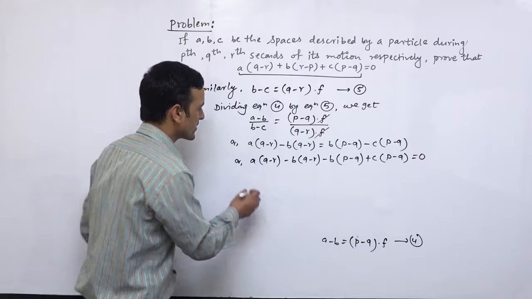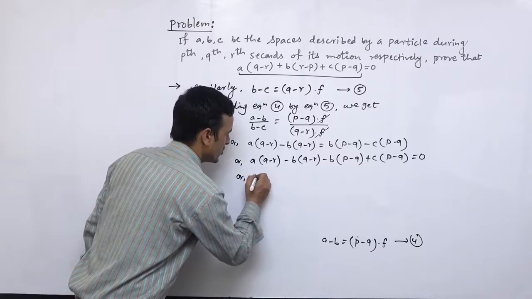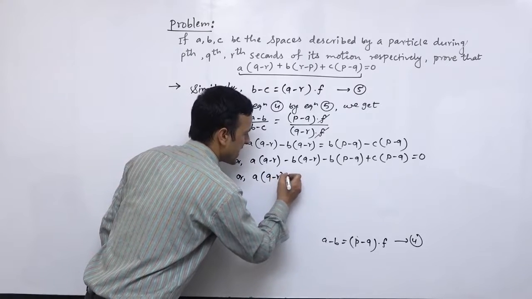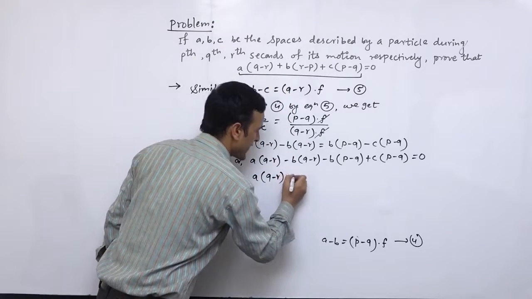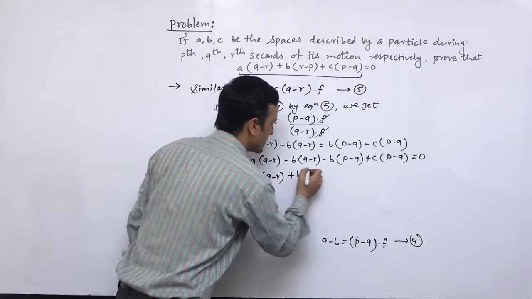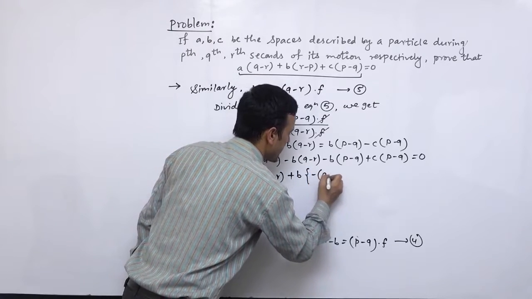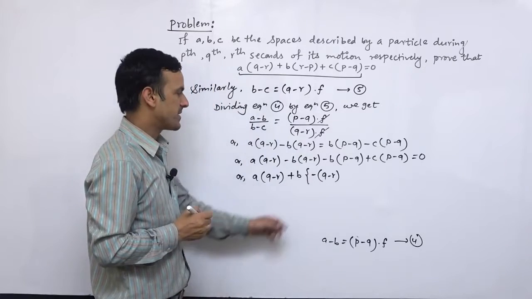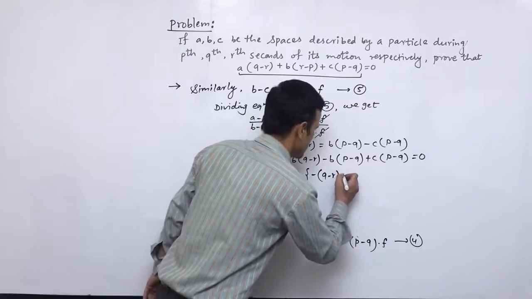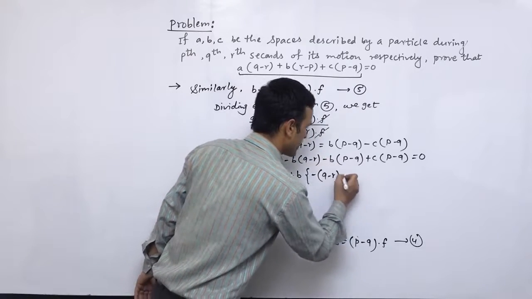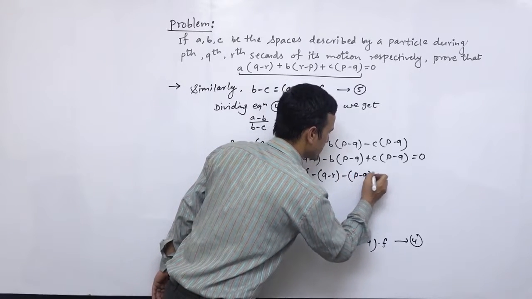So we have to take out the common from here. So A Q minus R, and here is plus sign, so we can take out the plus B common here. Plus B means it is minus Q minus R, बीचमा माइनस लेख्नु पर्छ, प्लस B लिएपछि यो माइनस यता आउँछ, and if B is taken over here then again we have P minus Q.